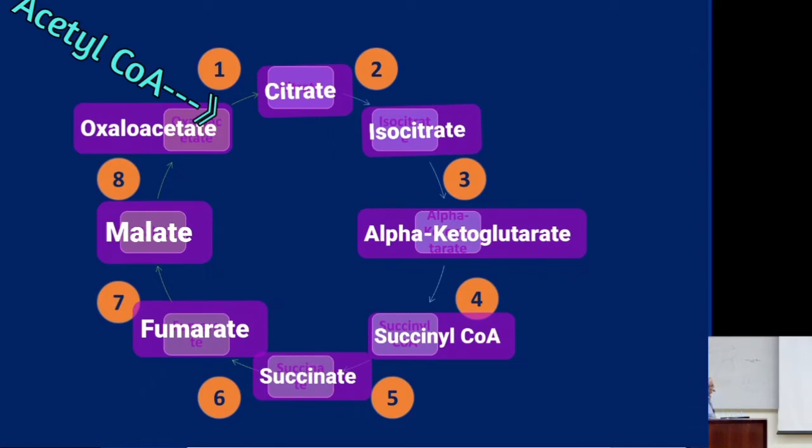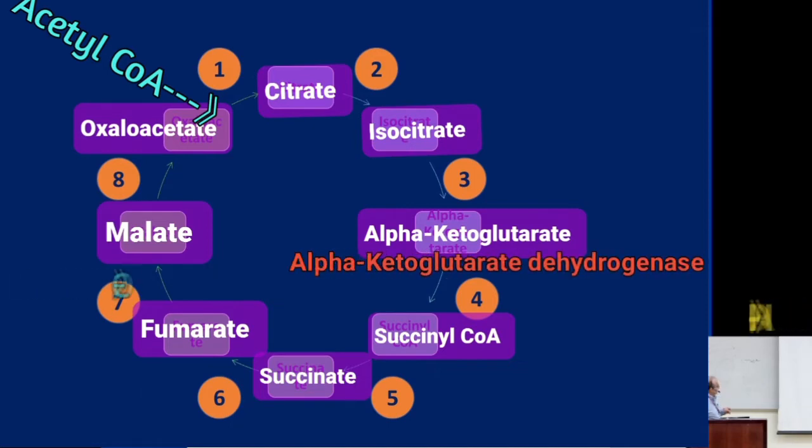So you have now alpha-ketoglutarate. Alpha-ketoglutarate is also oxidized by alpha-ketoglutarate dehydrogenase. You lose a carboxylic group, and because of that oxidation, you reduce NAD plus to NADH. So you produce another molecule of NADH.